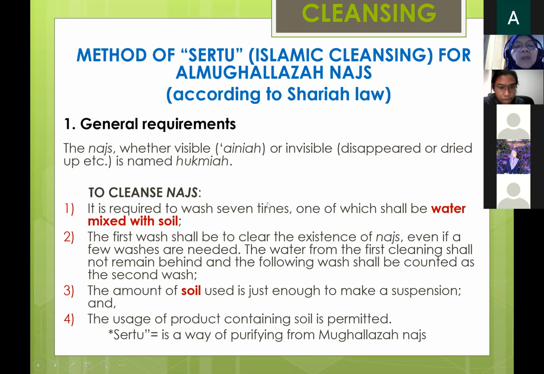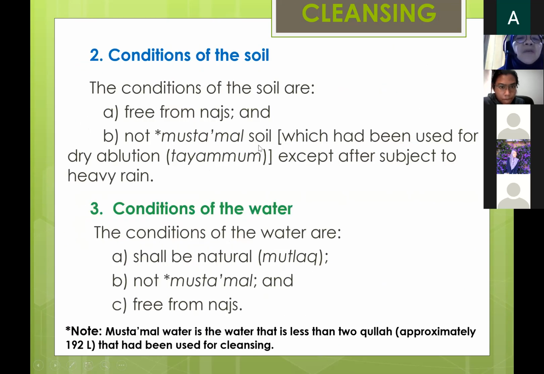So you use that water and mix it with soil. What type of soil? The condition of the soil must also be free from najis. The soil must not be soil that has been used before for tayammum. Unless heavy rain has poured on the soil, so the soil is clean. Then you can use the soil to do sertu.